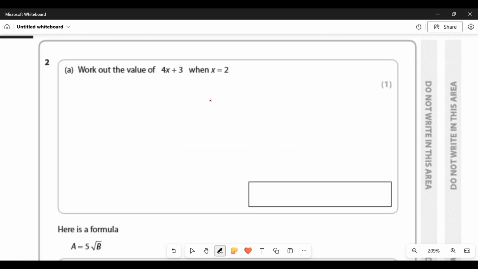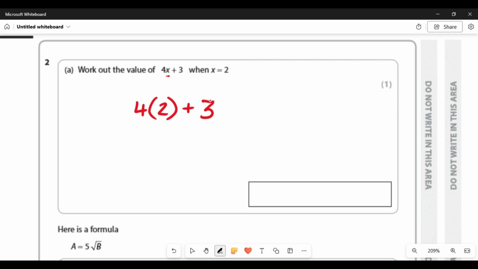Question 2a says, work out the value of 4x plus 3 when x equals 2. So hopefully you know that you just have to replace wherever it says x with whatever they're saying. So we've still got the 4, and instead of x now, I'm going to put it in brackets. So x is now 2, and we still have plus 3.